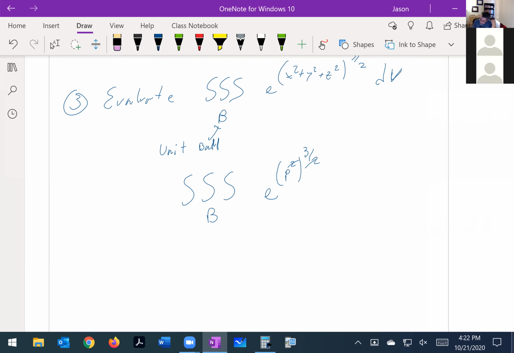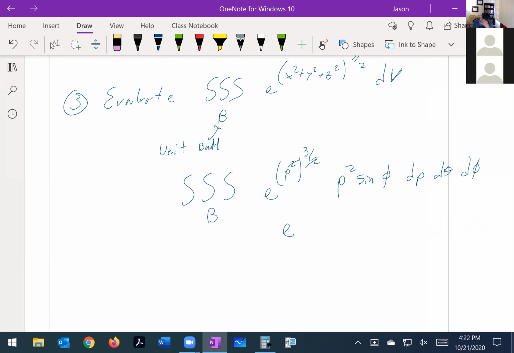But what's dv going to end up being? dv is going to end up being our conversion factor, rho squared sine phi, d rho d theta d phi. I think it's sine phi, yeah.